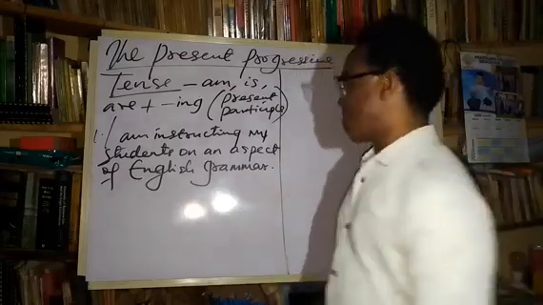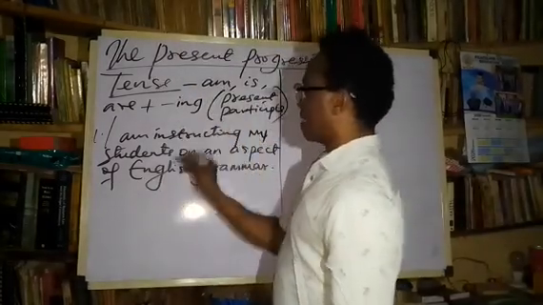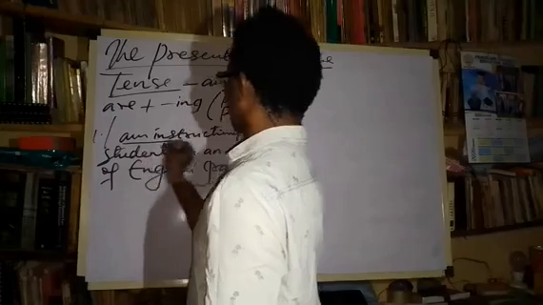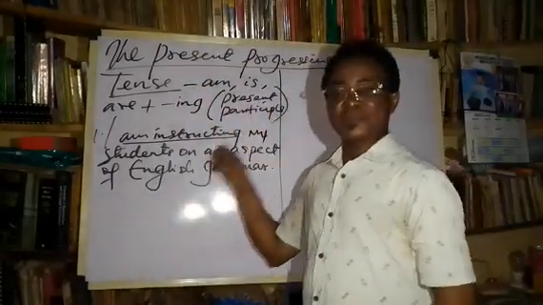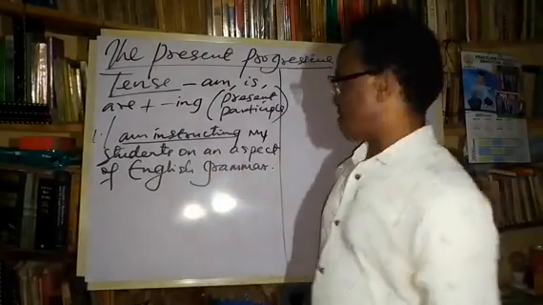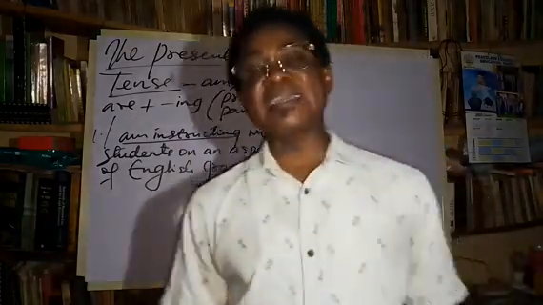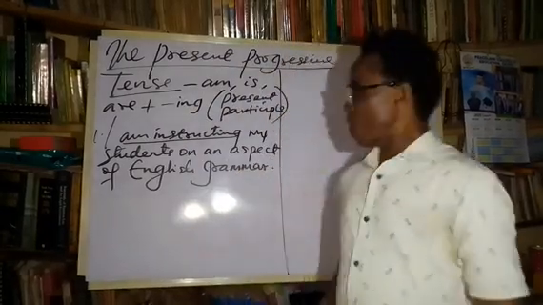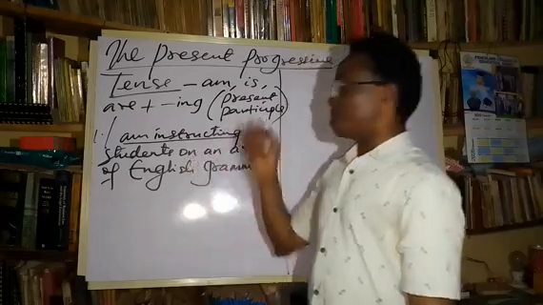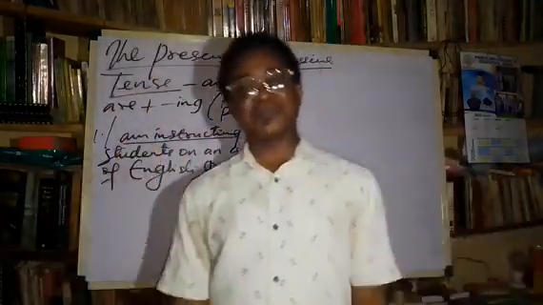Now, in the present progressive tense, the sentence is am plus ing word. The ing word is instructing. Remember, it is the present participle. In this example, we say the form of the verb to be, am, is, or are, is the auxiliary verb, while the ing form, the present participle, is the lexical verb. You can also call it the main verb.